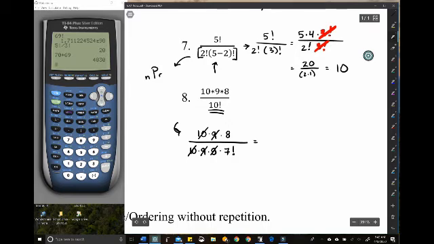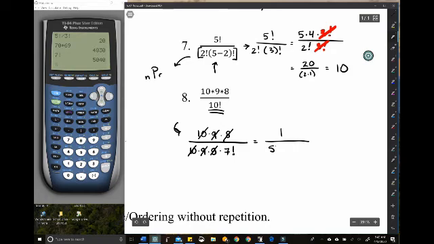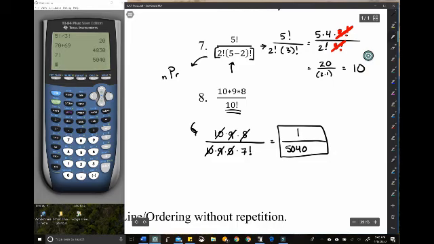That's going to leave, though, a 1 in the numerator. You need that placeholder. And then 7 factorial in the denominator. 7 factorial is 5040. Again, another problem you could probably do in your calculator, but you should get the hang of recognizing the redundancies and canceling those out. Okay.